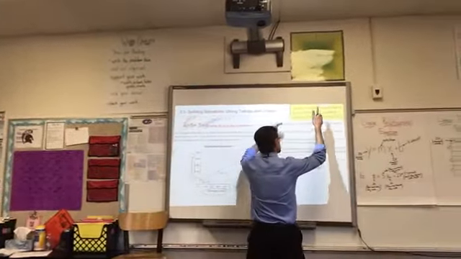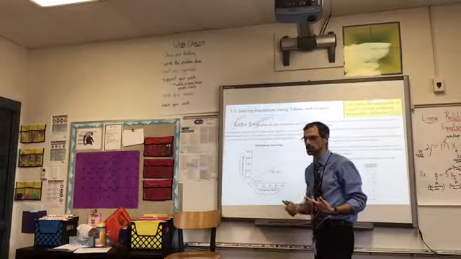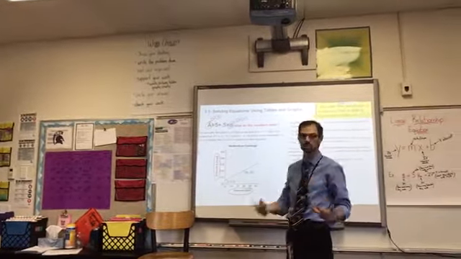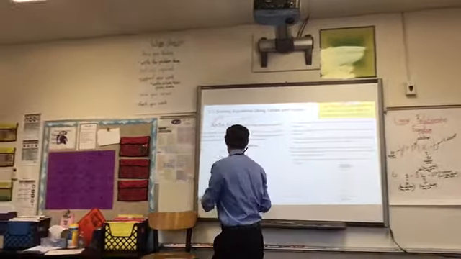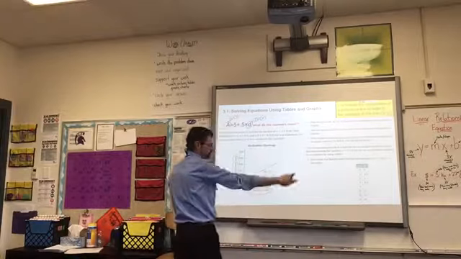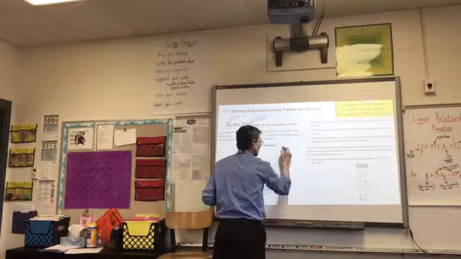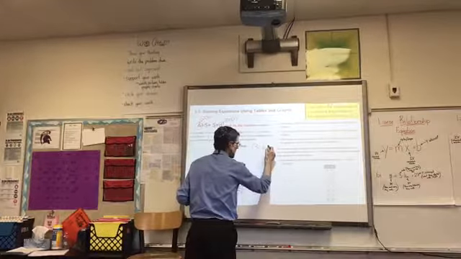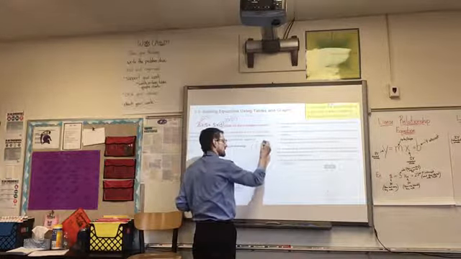So these points mean something in my equation. They're actually a solution to my equation, and they're a solution to the graph, and they're a solution to the table. So if I have the point (3, 6.5), I know that that's x, that's y.